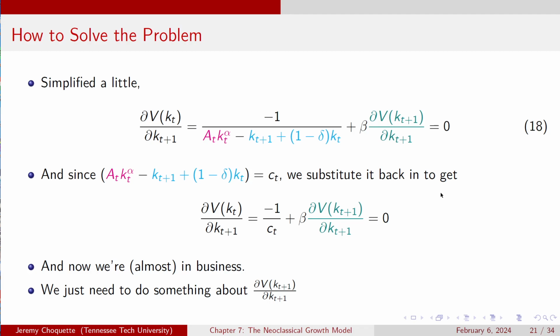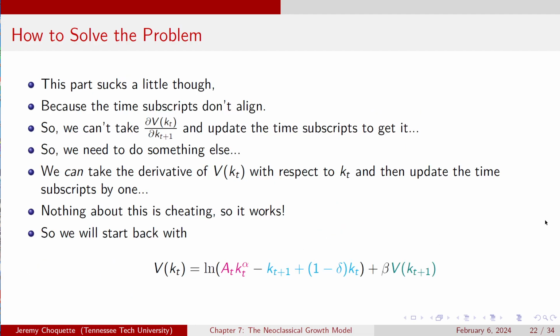Almost, not quite. We just got to do something about what's in this pretty little teal color here. Right, it's the partial of V of kt plus 1 with respect to kt plus 1. Now this sucks because those time subscripts don't align. So I can't just take that partial, dV(kt)/dkt plus 1, and play with the time subscripts there because they don't match up.